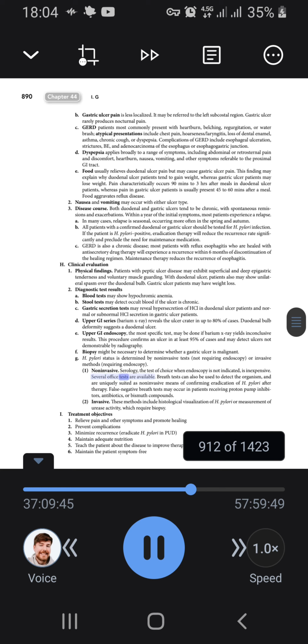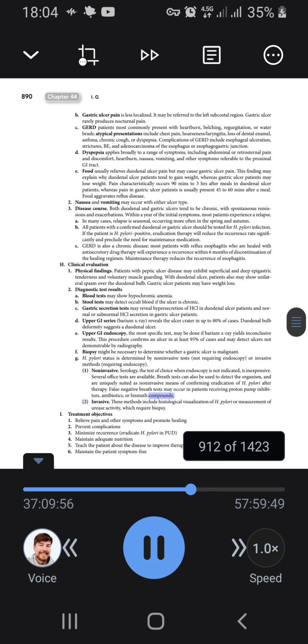Several office tests are available. Breath tests can also be used to detect the organism and are uniquely suited as non-invasive means of confirming eradication of H. pylori after therapy. False negative breath tests may occur in patients receiving proton pump inhibitors, antibiotics, or bismuth compounds.